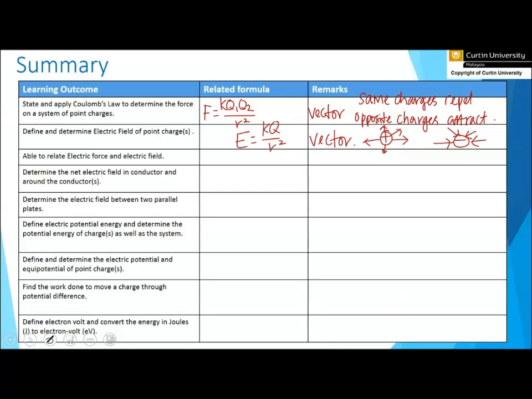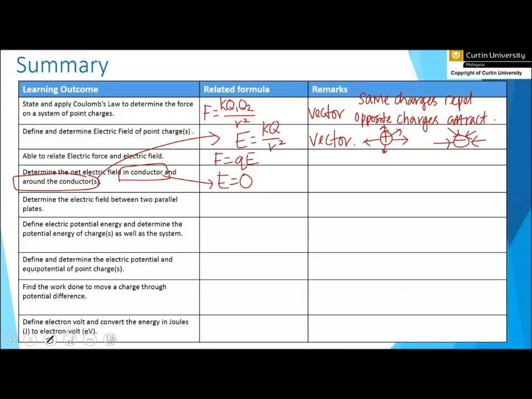So how do we relate force and field? Force equals Q times E. Electric field in a conductor: the electric field inside the conductor is always equal to 0, and outside around the conductor, it is given by the earlier formula.